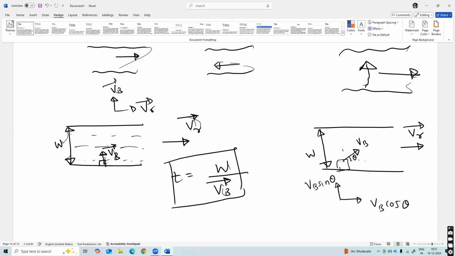The time taken by the boat to cross this river will be T equal to W upon VB sin theta. So in this case, the vertical component of velocity of the boat will play a role.